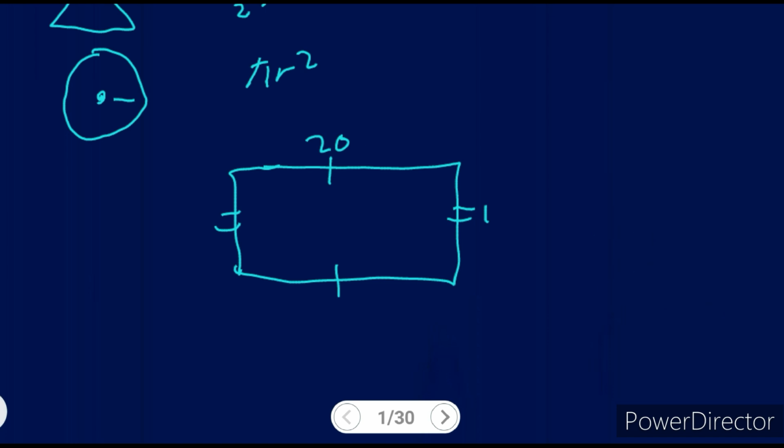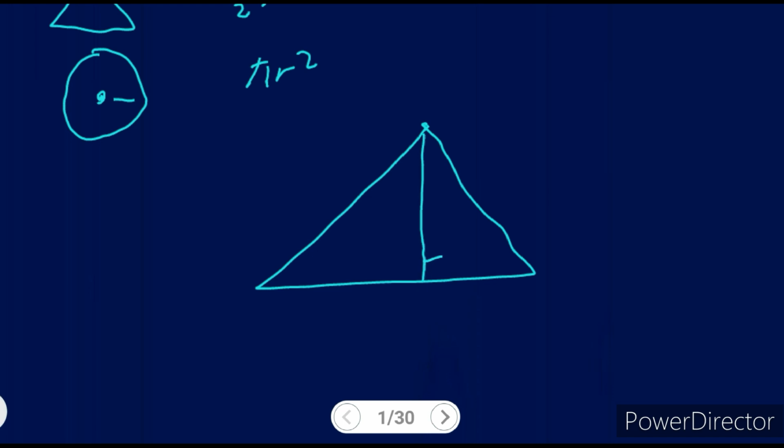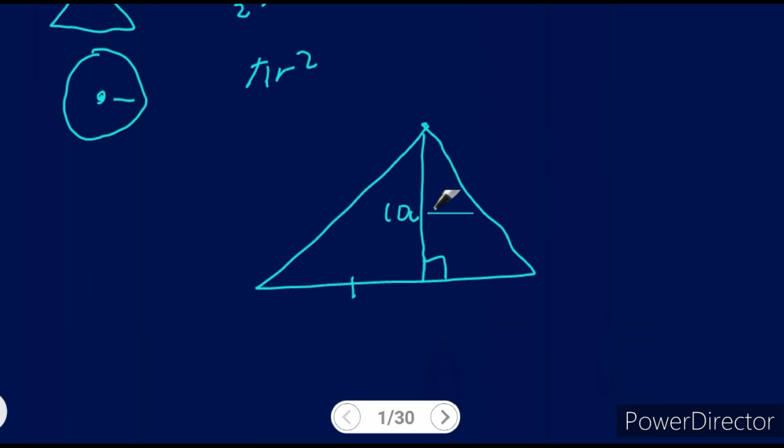Let's go to another example. After two more examples, I'll move on to a higher level. Let's talk about the triangle. With the triangle, I'll show you three examples. Let's say we're told that this is the perpendicular height, 10 centimeters, and we're told that this space is 20 centimeters.